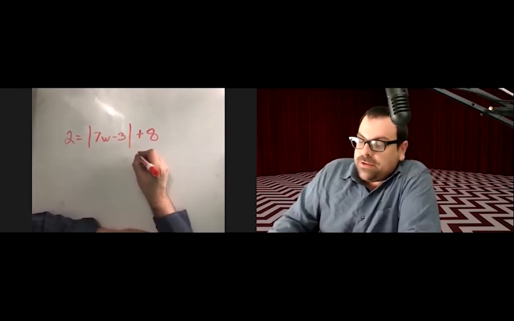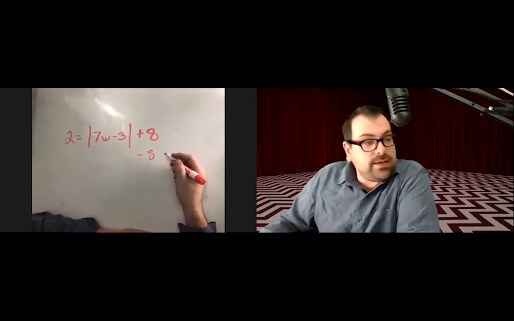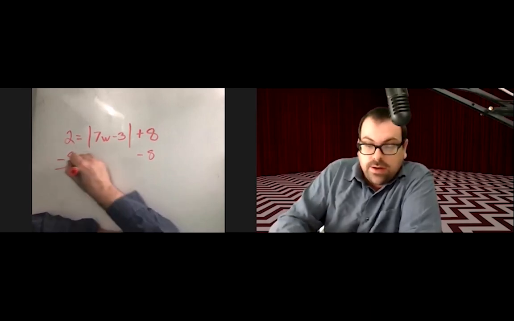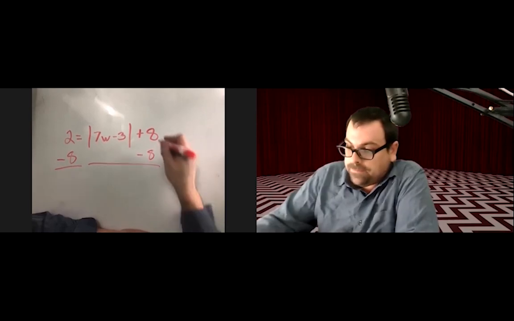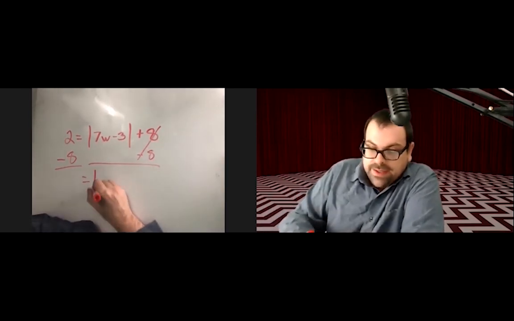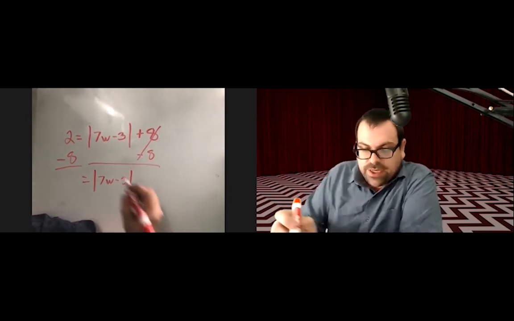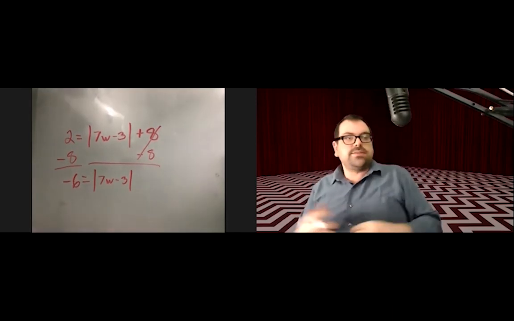If I want to get the absolute value by itself, I have to get rid of plus 8. I do that by subtracting 8 on both sides. That means that I have the absolute value of 7w minus 3 equals 2 minus 8, negative 6.